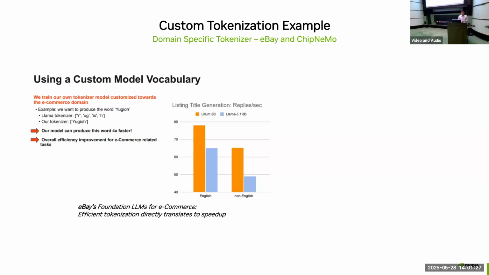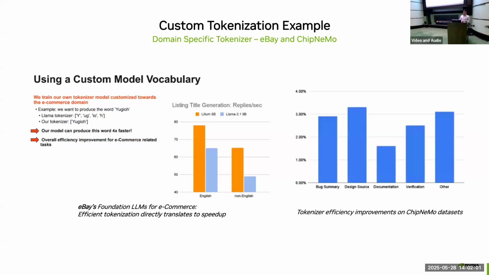And so when we tokenize this word with the base LLaMA tokenizer, it would break it up into 4 individual tokens, meaning that our model, to reproduce the word Yu-Gi-Oh, would have to do 4 steps essentially. But with the custom tokenizer, this word Yu-Gi-Oh is represented by 1 single token, meaning that we essentially get a 4 times improvement in throughput for representing this word. And so this leads to that overall efficiency improvement in the listing title generation.